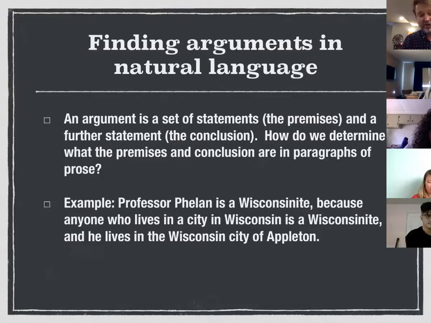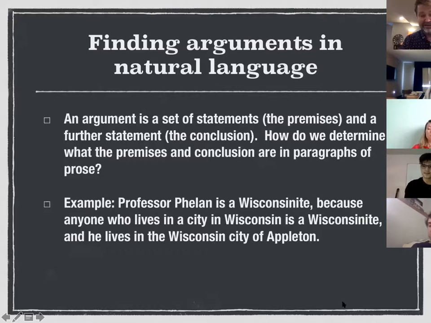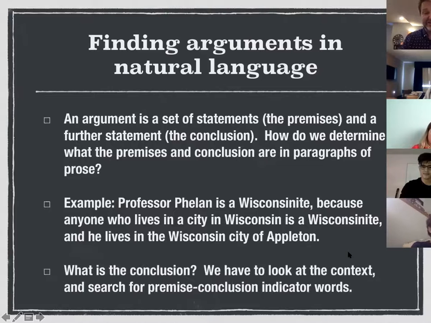What is the conclusion of this argument? Does anyone want to take a stab at it? The conclusion is Professor Phelan is a Wisconsinite. And to determine that, well, first of all, Sam, how did you determine that?